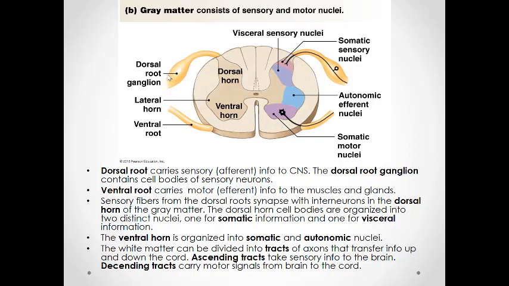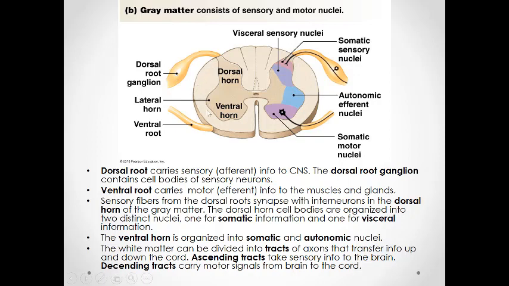Okay? So whether that be touch, temperature, and so forth, all of this is information coming towards my central nervous system. And they all have their cell bodies located in one place, and that's known as the dorsal root ganglion.